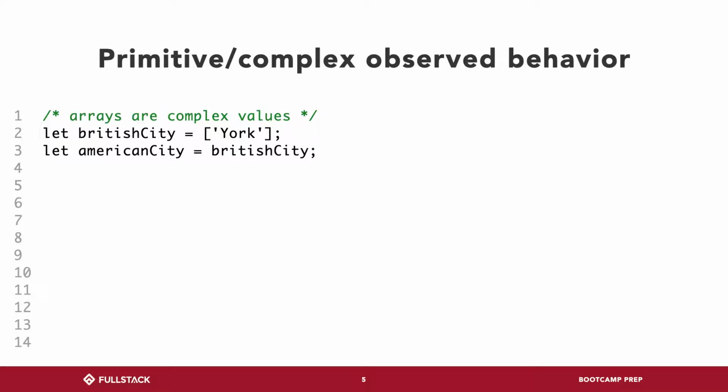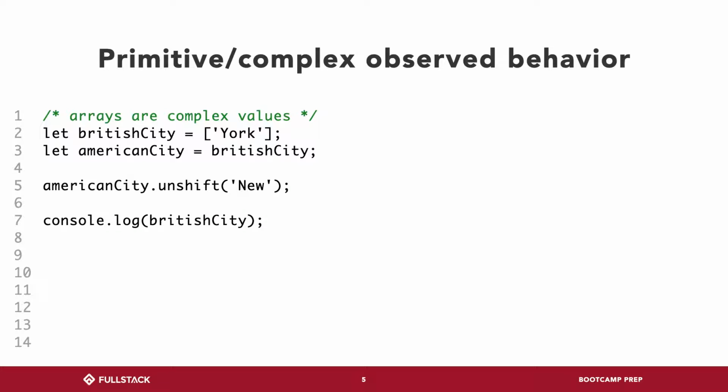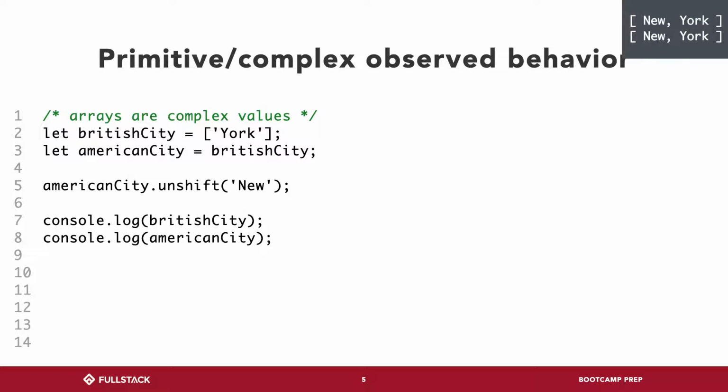So arrays are complex values. If I did let British city equal York, and American city equal British city, and American city dot unshift new, and you do all that stuff, British city is new York, has two values in it. But that's not right, right? That's not what we intended to do. That's because both of these are pointing to the same York array.